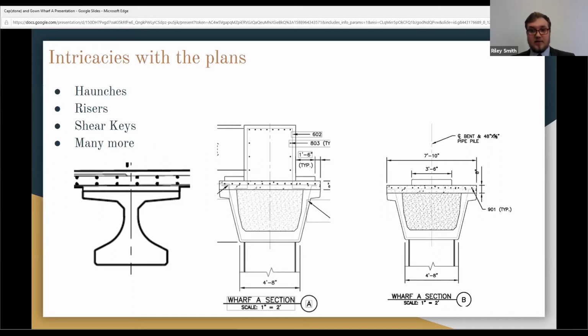And then you have the shear keys that rest in between the risers on piles M and L and K on bents 1 through 6, and piles E and D and D and C on bents 7 through 11. There are a lot of little details like that. You need to look over the plans several times, read all the notes, and look over every detail.